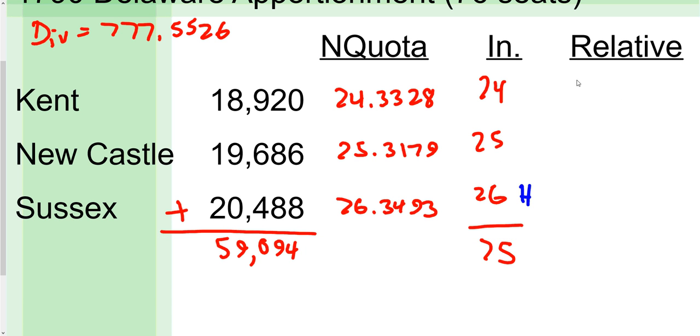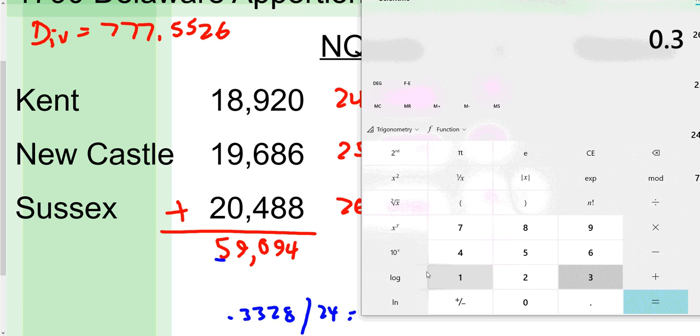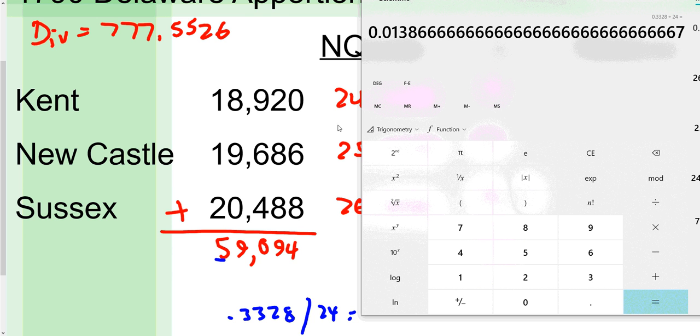And the way that we do the relative column is we divide the decimal part by the integer part. So what I'm going to do is down here, because I don't have the calculator handy for the screen, 0.3328 divided by 24. I'm going to do that calculation, and that's going to get me 0.0139.